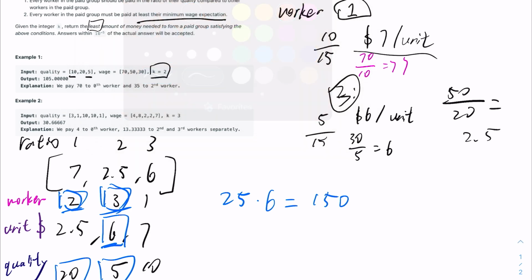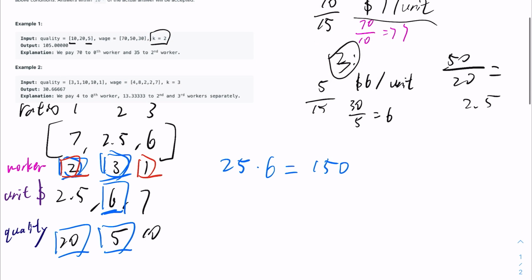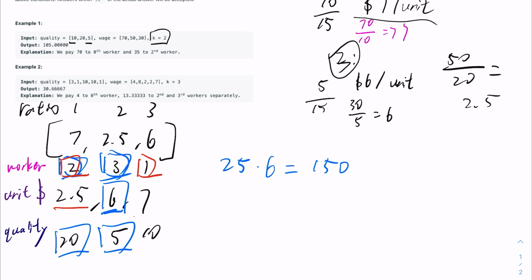Let me use a different color. If I want to hire workers 2 and 1, that means we need to find the maximum of the unit price, which is 7, and their quality combined is 30, so that will give us 210.